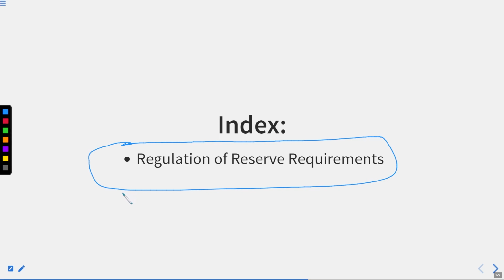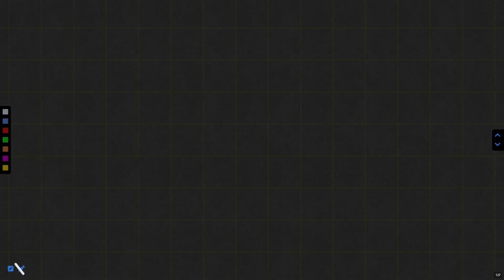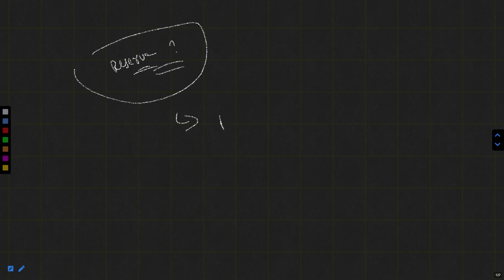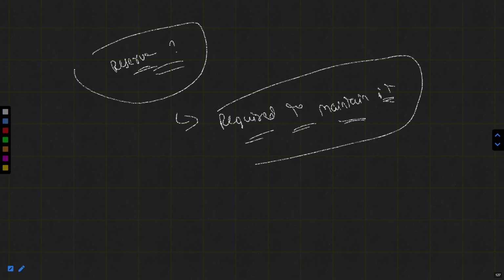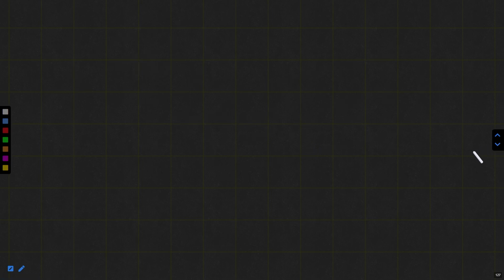Before we start the actual lecture, the question that should arise in our mind is: what is the reserve, and why are we required to maintain it? So let's take an overview.